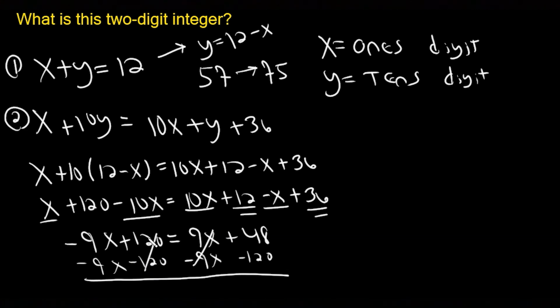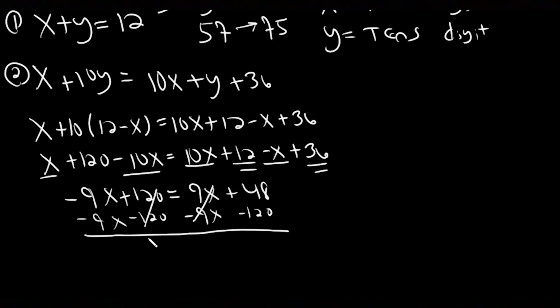So going ahead and scrolling down a little bit further, I will get negative 18x equal to 48 minus 120. That will give me negative 72. And when you divide by negative 18, you get x is equal to positive 4, meaning the ones digit of my number is going to be 4.